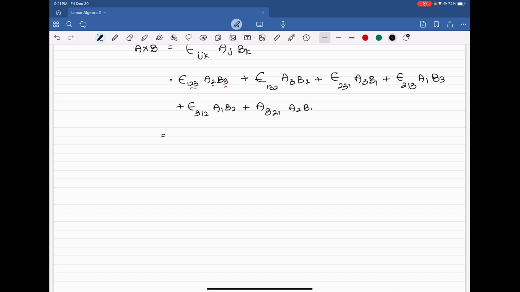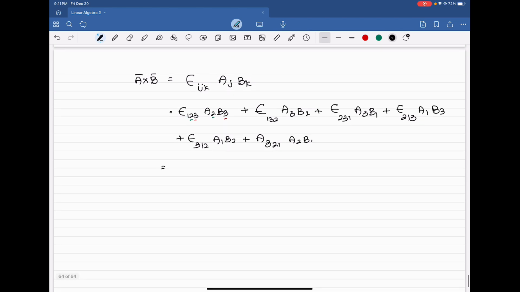Now you put the values of plus 1, minus 1 and solve this. Very simple. What is epsilon 1, 2, 3?